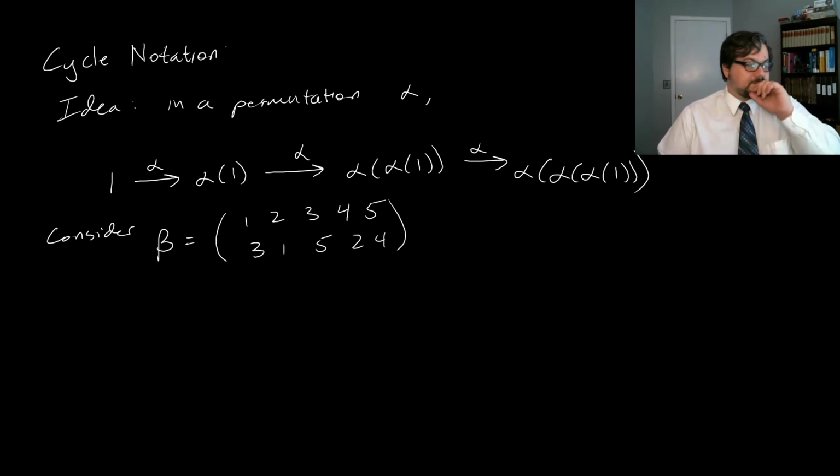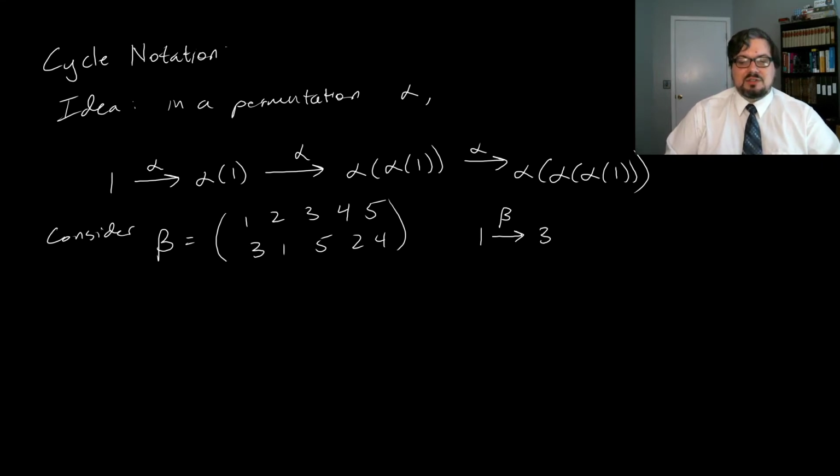31524. So let's look at what happens when we follow a chain of applications of beta. What happens when we apply beta a bunch of times? So when you apply beta to 1, you get 3. And if we apply beta to 3, we get 5. And if we apply beta to 5, we get 4.